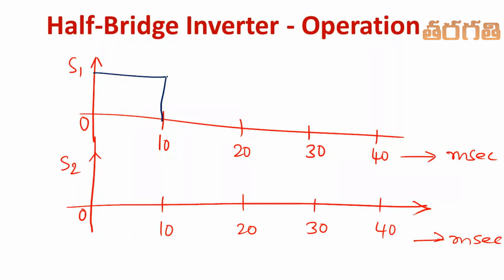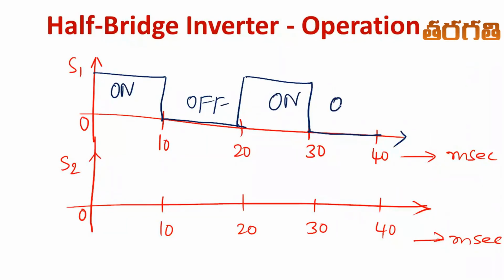This is the high and this is the low logic. So this is how the trigger pulses are applied to S1. Similarly, this is the on value and this is the off value.